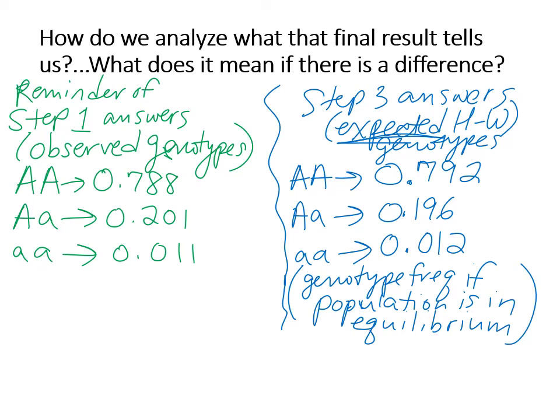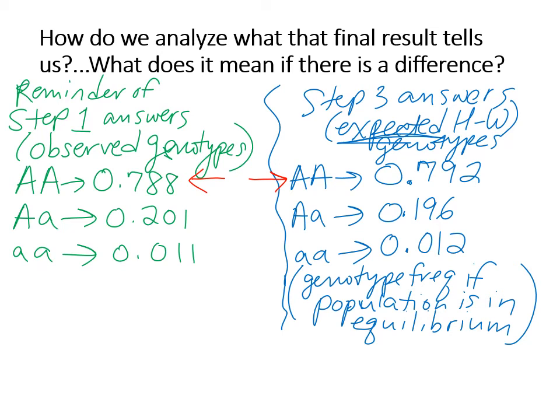Hardy-Weinberg is for equilibrium. So what's the last step of all of this? How do we know if this population is in equilibrium? Well, we compare what we actually see in the population with what we would expect in equilibrium.